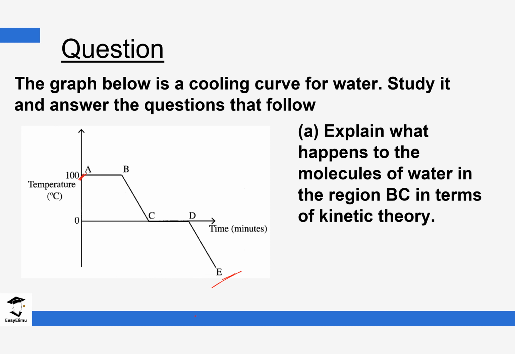So if you look at the graph, automatically the first thing you notice is that the temperature decreases. And we said if the temperature decreases, also the heat is lost, and this causes the kinetic energy to decrease.